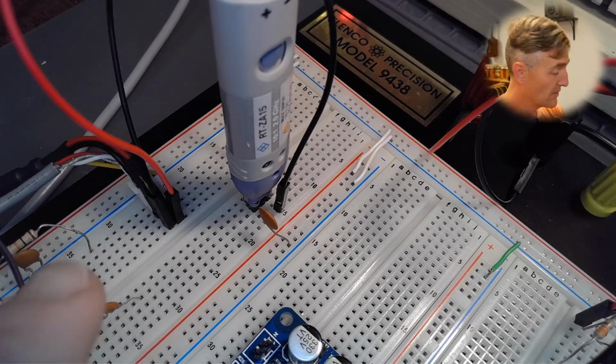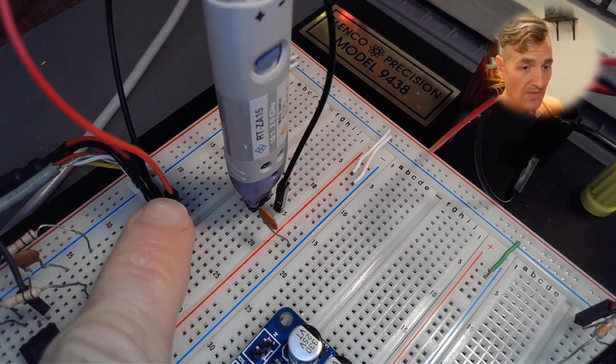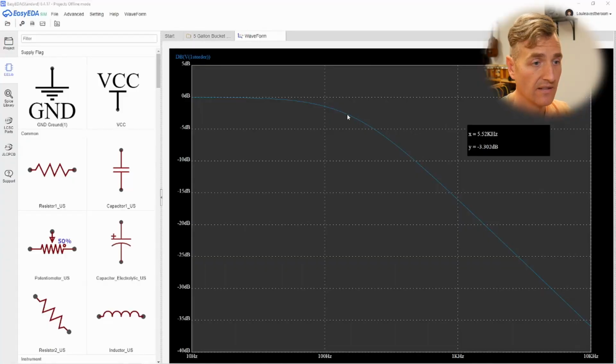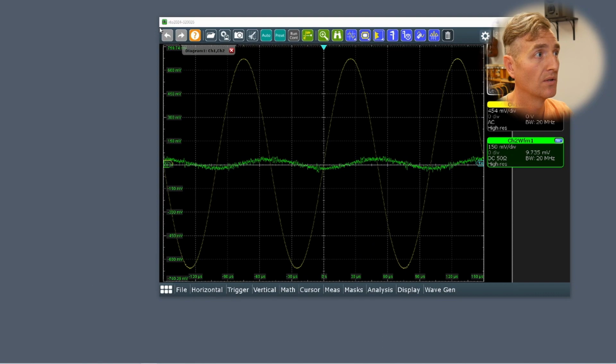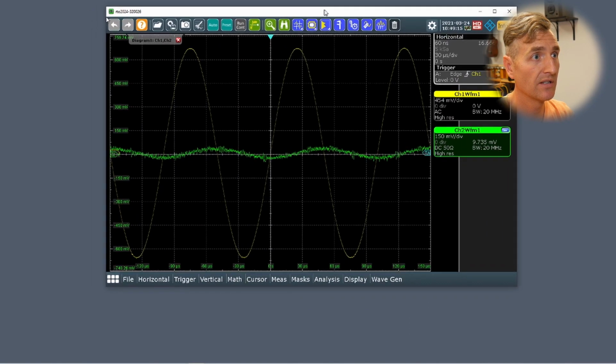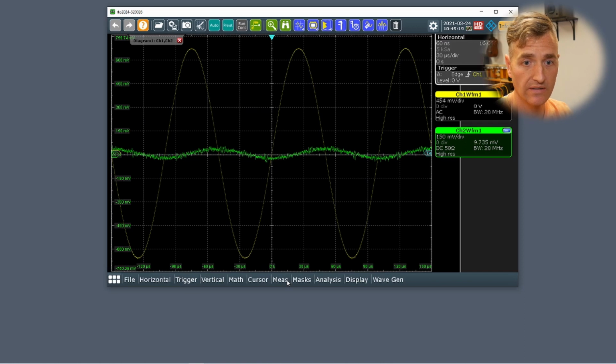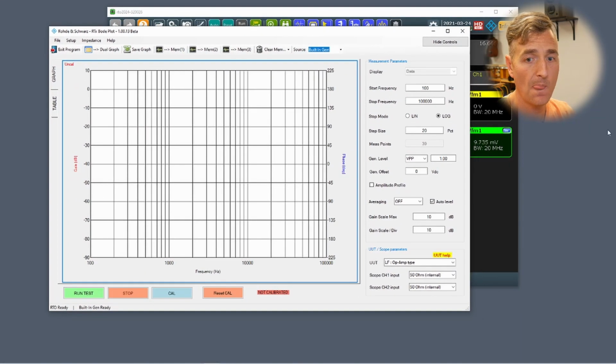So I am probing both V in right here, and I'm probing V out right here. I have my Polyplot software somewhere. Let's get my Polyplot software running. Here we go.